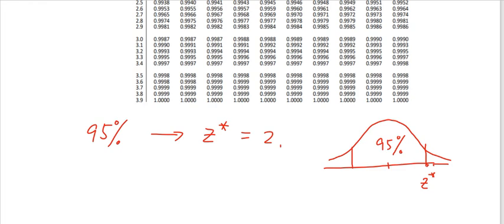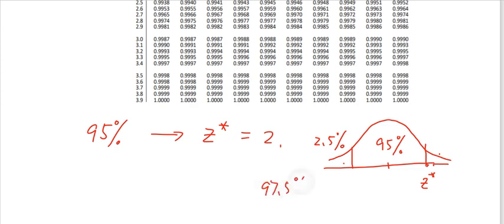So 95, then this part is 2.5%, the other side 5% on both sides, so 2.5% here, 2.5% here. So all the way down is 97.5%.